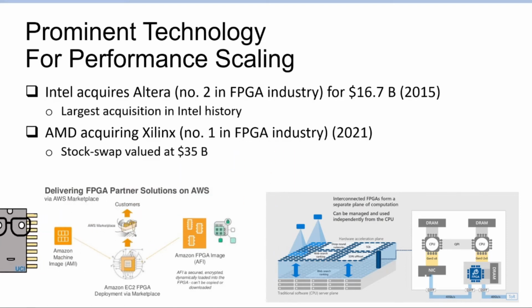And if you look at other industry use case examples, Amazon in their AWS cloud offerings also has nodes with FPGAs installed on them, called the F1 nodes.